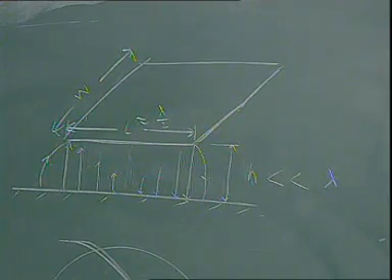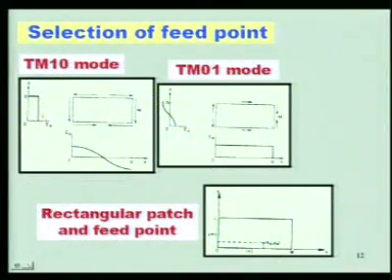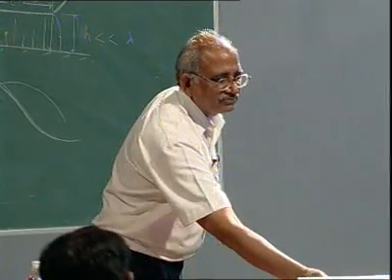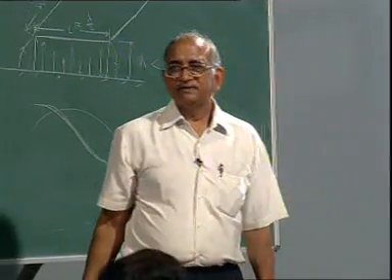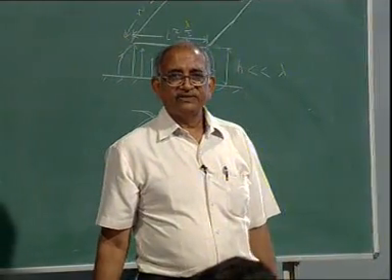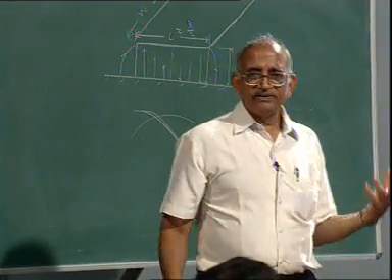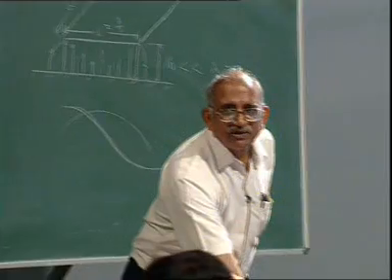See, it is shown over here. If you look at this one, field is constant along these edges, and half-wave variation along this one. So, this 1 corresponds to half-wave variation, 0 corresponds to no variation along the width. And for the third dimension we are not putting any subscript, because the substrate thickness is very small.